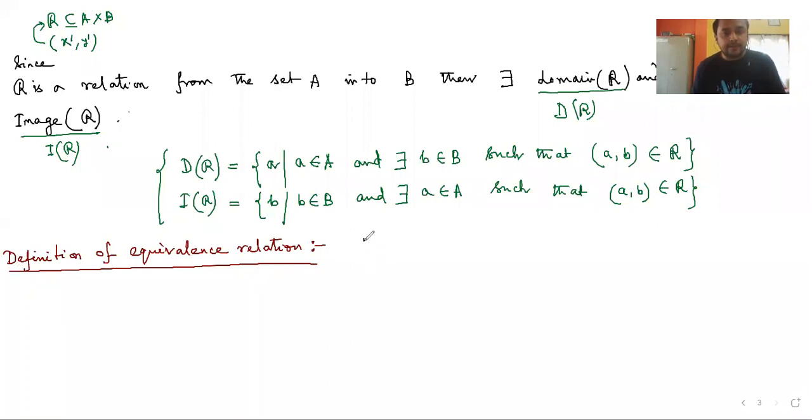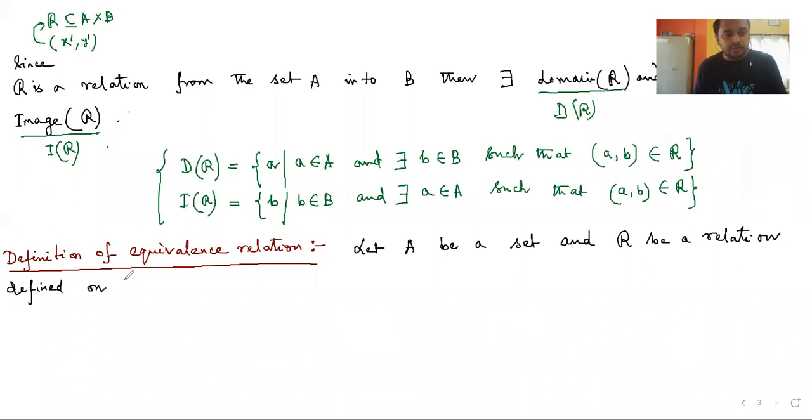Let us write it. Let capital A be a set and R be a relation defined on A. So obviously by this we mean that R is a subset of A cross A. You already know that.